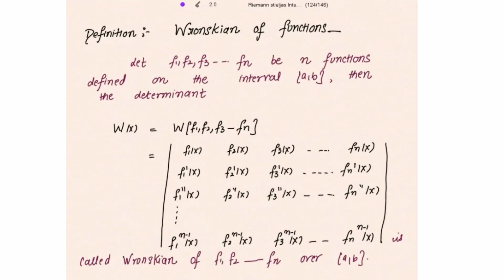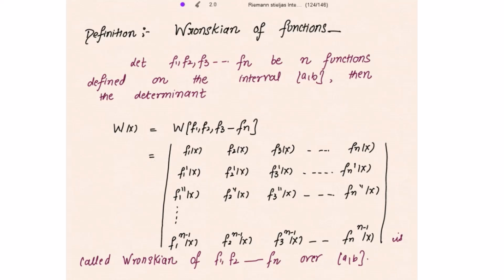Then comes the definition of the Wronskian of the functions. You must have heard the word Wronskian. Let's define this. Let f1, f2, f3 up to fn be n functions defined on the closed interval [a, b]. Then the determinant W(x), which is the Wronskian of f1, f2, f3 up to fn, is defined as follows.